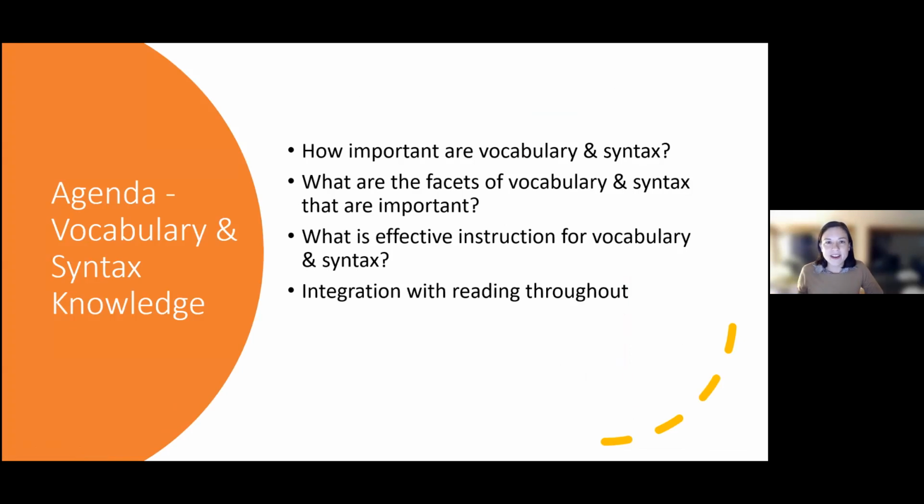And instead of having our own just one section about how this relates to reading, I'm going to talk about it throughout because it's almost impossible to extricate the role that vocabulary and syntax play in both reading comprehension and in writing.